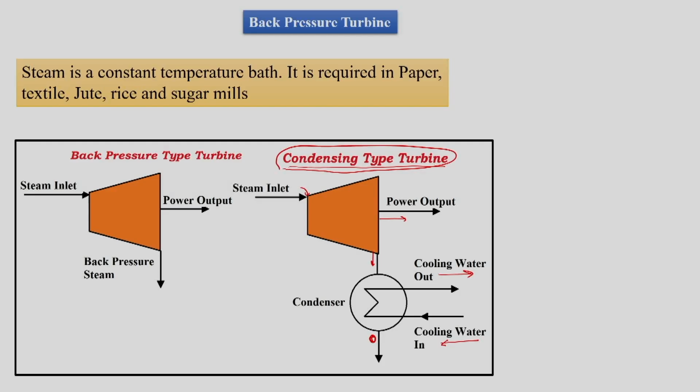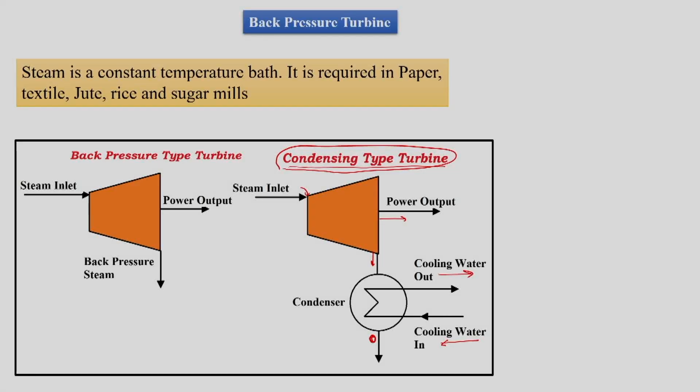But we might have a situation where we are having steam as a constant temperature bath. Basically, as we know, the steam inside the dome is at constant temperature and constant pressure. So if we have heat transfer from such a steam, where we have dry plus wet liquid water available, then such steam is a very good constant temperature source.